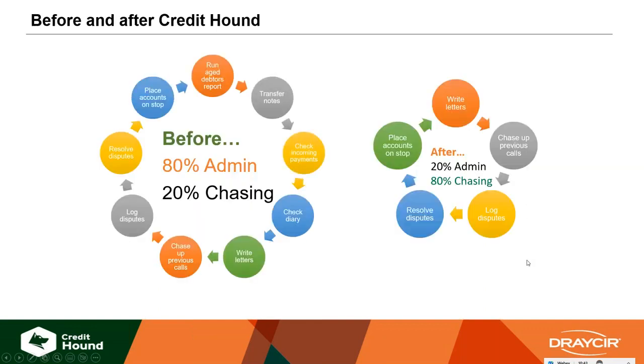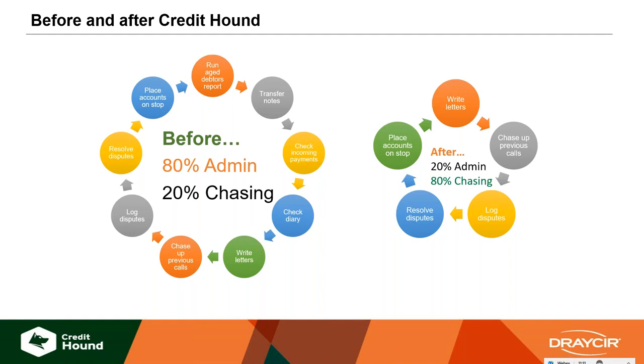So just to give you a bit of an idea as well of what the process looks like before and then after Credit Hound. So as I've already touched on, before using Credit Hound, most of that time spent is admin tasks, running reports, going through them with a pen and a ruler even, or doing it on an Excel spreadsheet, whatever it might be, to understand what debt we have to chase.